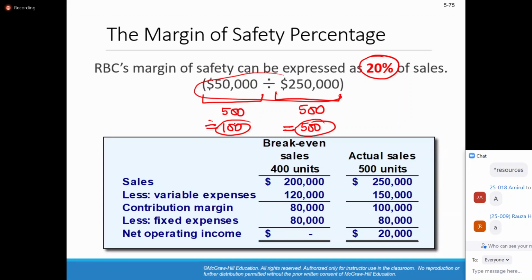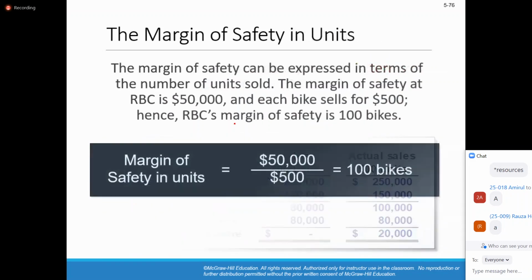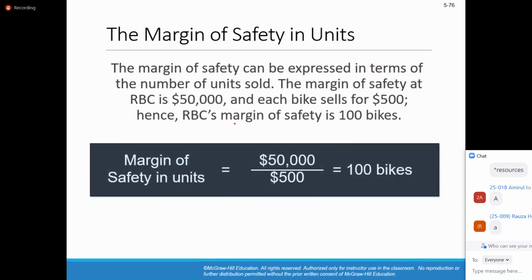In most cases, as we do not analyze this, we do not have the idea of how many units of sales can fall in my shop to force me to close the business. So in this way, we can express that the margin of safety is 100 bikes. It is the same thing. If you express the 100 bikes in terms of 500, obviously it will be 20%.